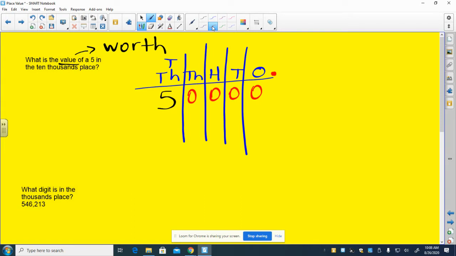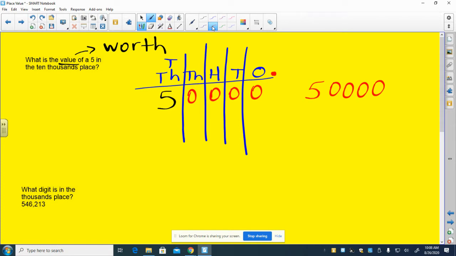And to just make this look a little bit cleaner, I'm going to rewrite the number. So I have a 5 with 1, 2, 3, 4 zeros. And to help me read a number, I'm going to put the comma in here. And I've got a little song for you to help you remember where to put a comma. And it goes like this.